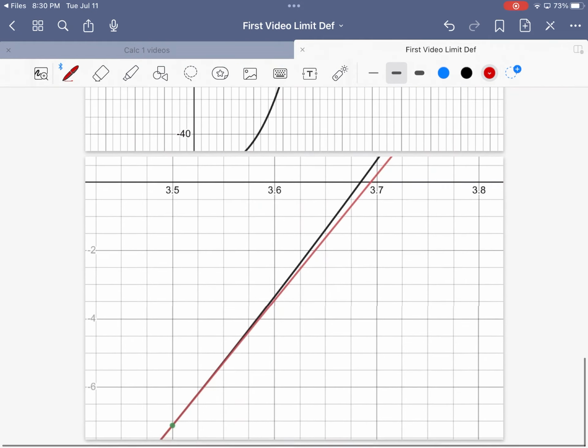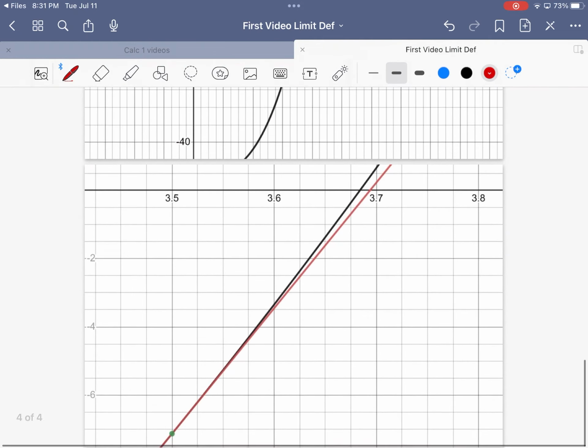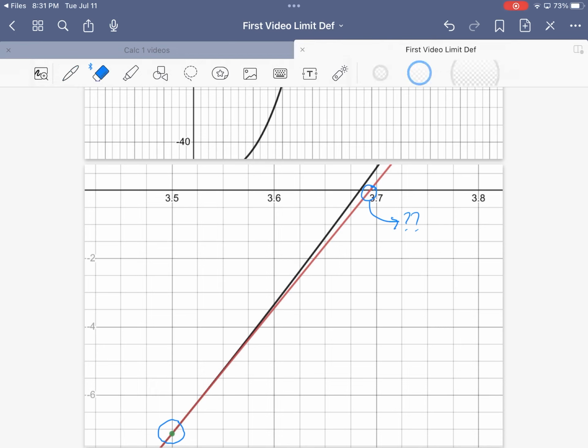Now, what we're about to do: this was my initial guess down here. So right here is my initial guess of 3.5, and I create the tangent line at that value, and I'm looking for where this tangent line intersects the axis. Notice what happens when I do that.